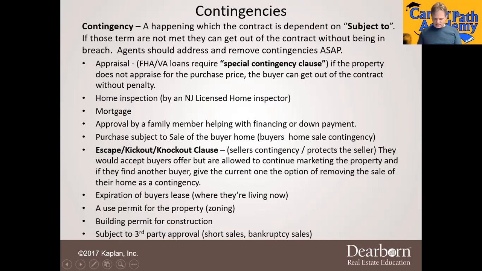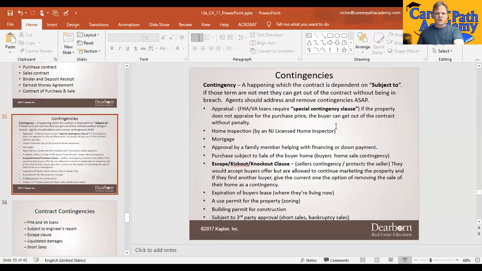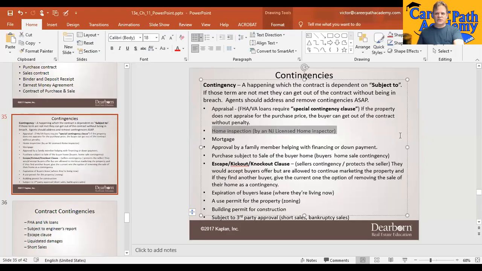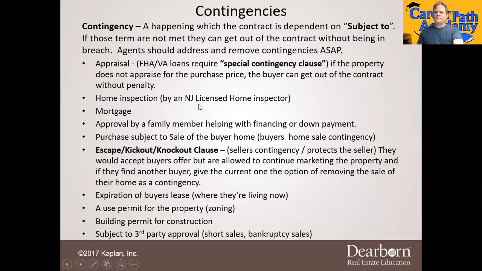Let's see, what are the other things they give? They have all kinds of other contingency clauses, like the home inspection contingency clause right after that. It's subject to a home inspection.